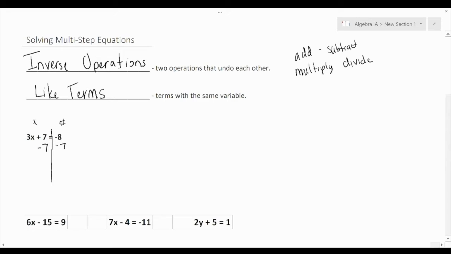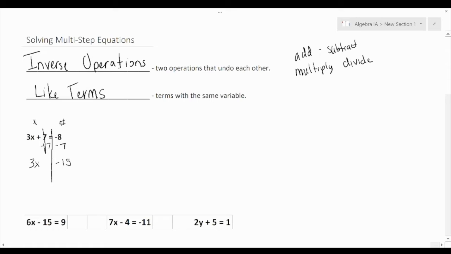So 7 minus 7 will cancel out. Now, we'll bring down our 3x. So we're left with 3x on the left side. Now, we've got to do negative 8 minus 7. When you put that in your calculator or work it by hand, that will give you negative 15.